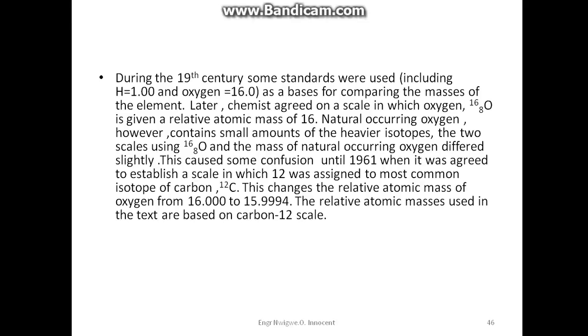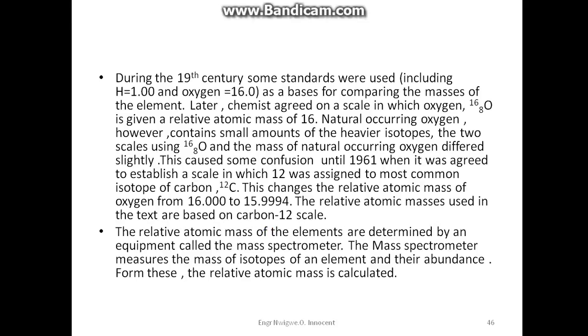The relative atomic masses of elements are determined by an equipment called the mass spectrometer. The mass spectrometer measures the isotopes of an element and their abundances, and the relative atomic mass is calculated.